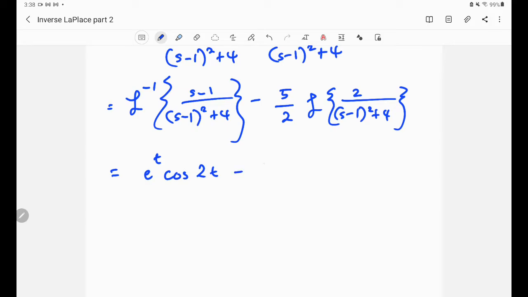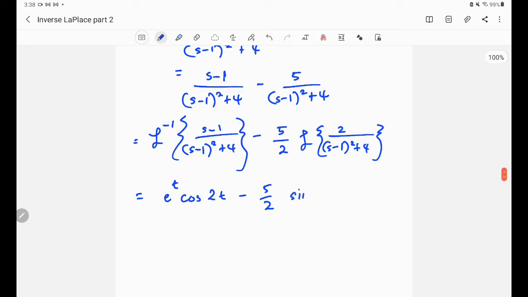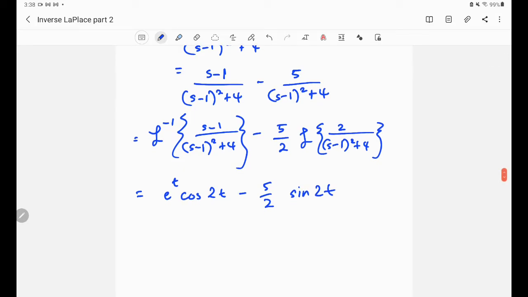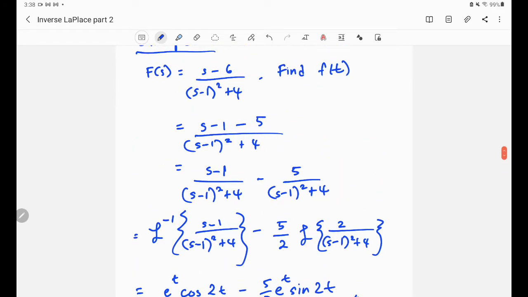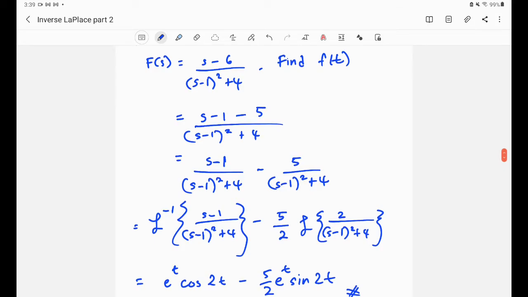Then on this side we have 5 over 2, this is sine 2t, but with the shift there, it's e^t sine 2t. Okay, so this is the first example of how we can use the first shift theorem to help with the inverse Laplace transform.